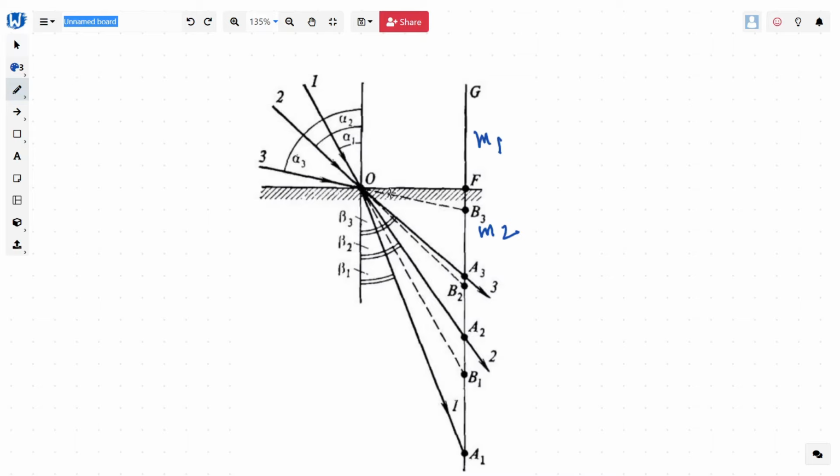Now, in order to find a relationship between these angles, let's draw a perpendicular at any chosen point F like this GF. This ray from O to A1, wherever it is meeting, let's call it point A1, and let's draw the extension of this ray without refraction in a straight line coming like this and meeting at B1.